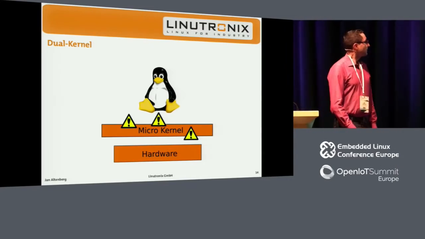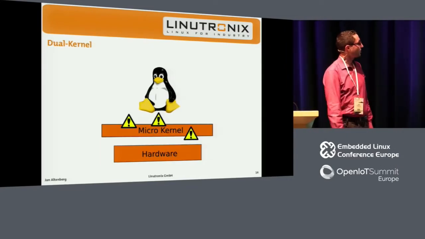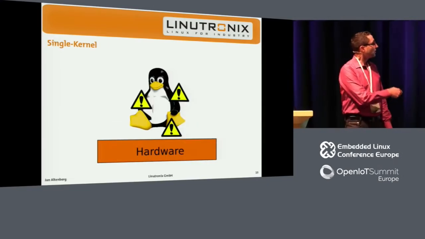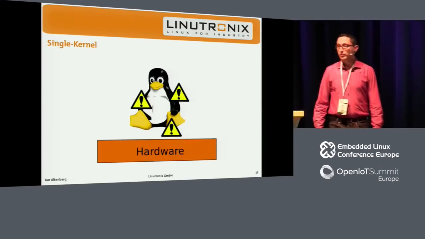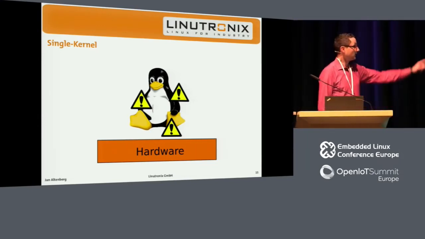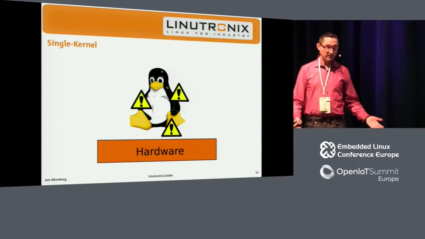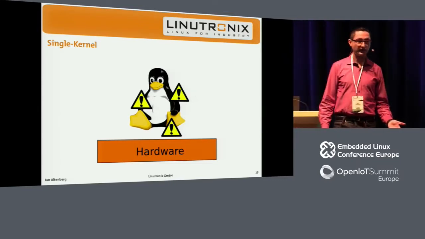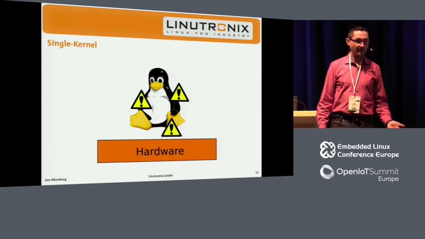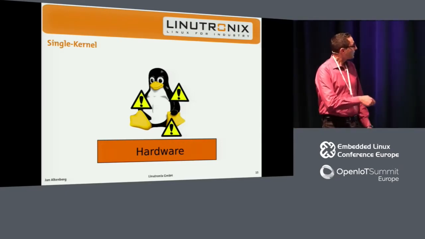The other idea would be, instead of moving the work to the microkernel, finding a way to make Linux itself real-time capable, which looks like a huge task. That means you would have to touch every single file in the kernel. And I can tell you, we had to. But you can manage that.